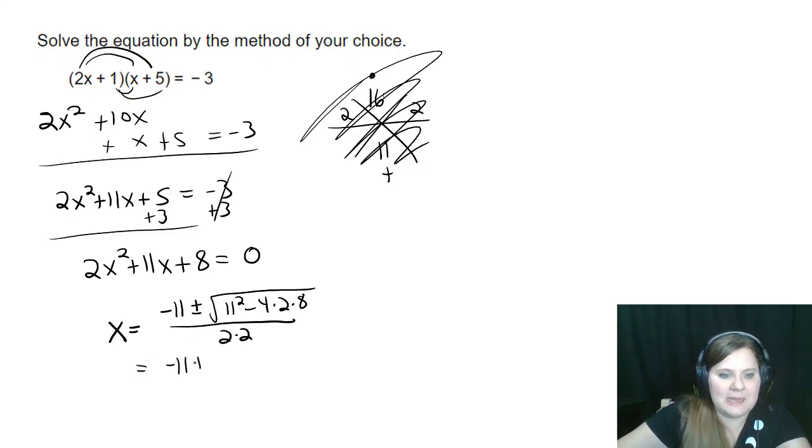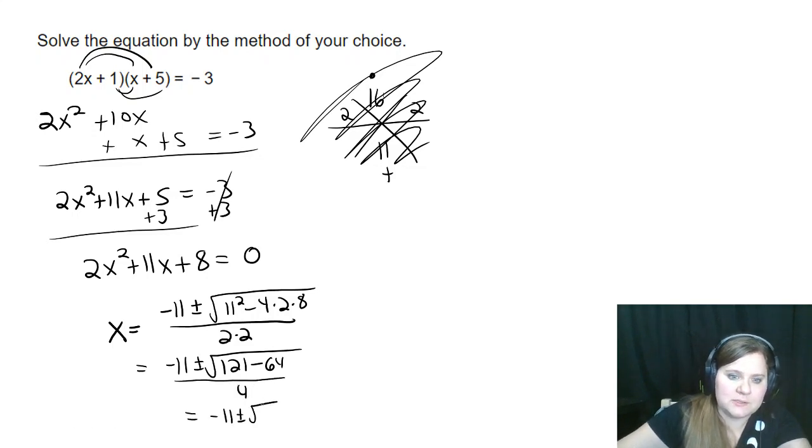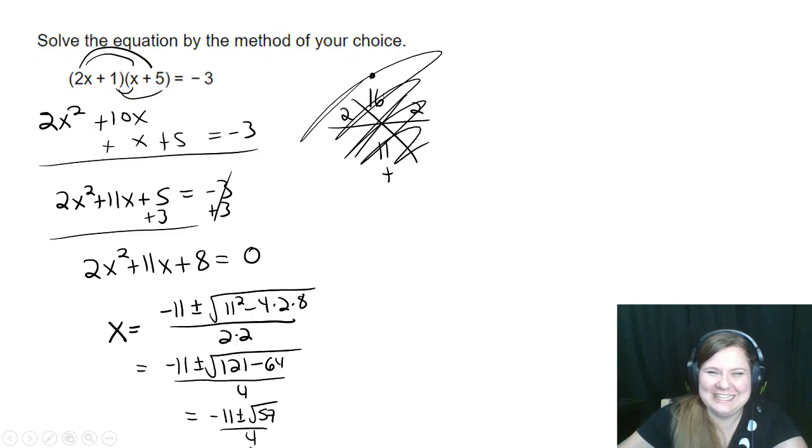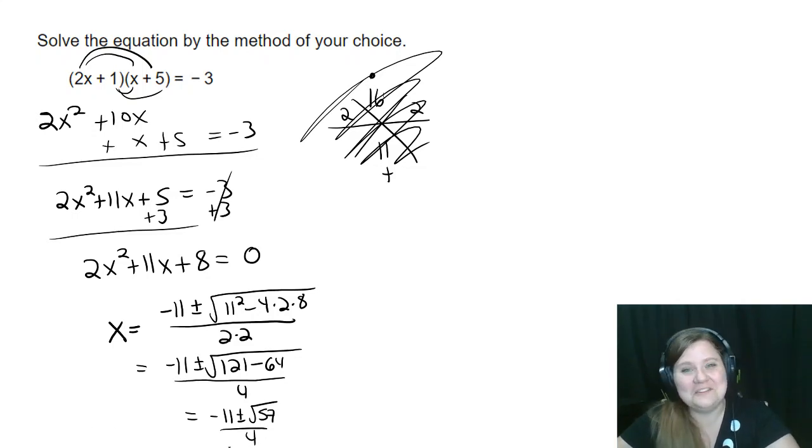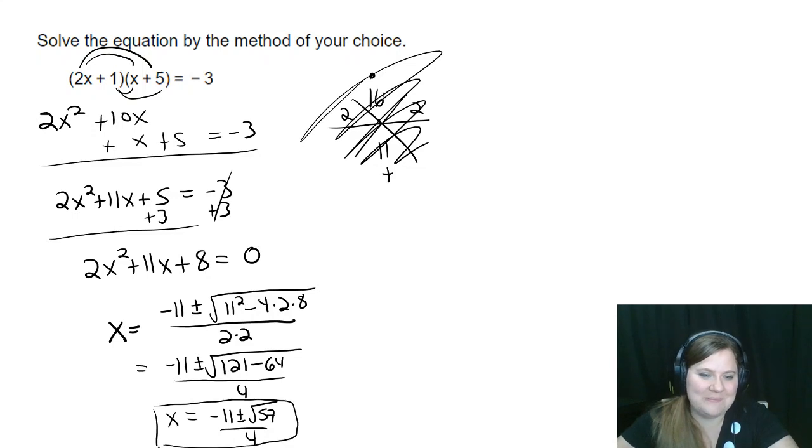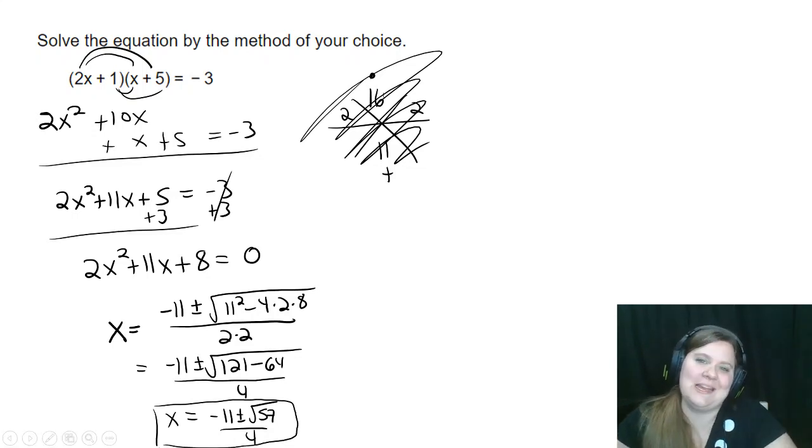So that comes out to be negative 11 plus or minus the square root of 121 minus 64 over 4, which is negative 11 plus or minus the square root of 57. Is that right? I hope so. Over 4. Now, root 57 doesn't simplify, so this is the best I can do for my answer.